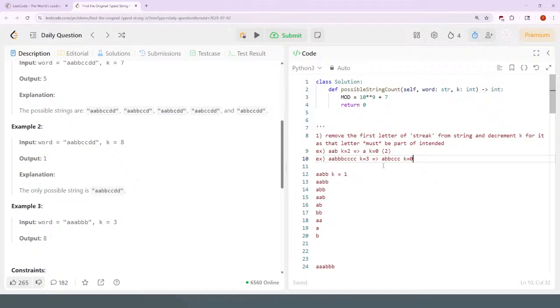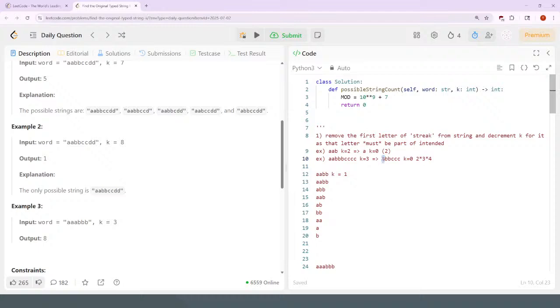So in this case, this A could or could not be intended. These 2 B's could or could not be intended, and these 3 C's could or could not, like any number of them. So in this case, it's 1 of 2 A's times 1 of 3 B's times 1 of 4 C's. Okay, I guess 1 is incorrect here.